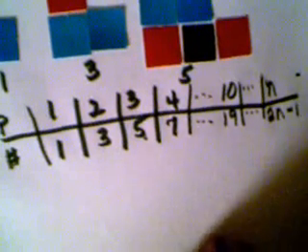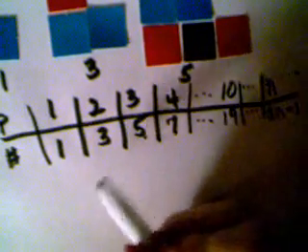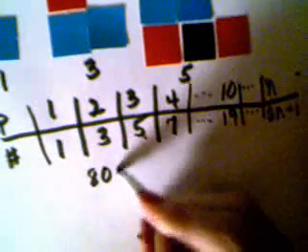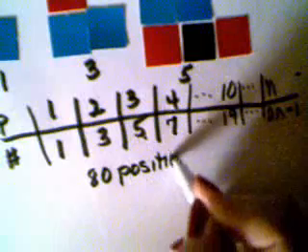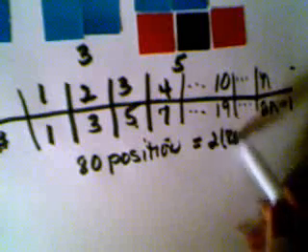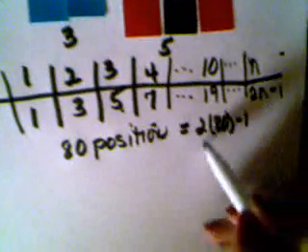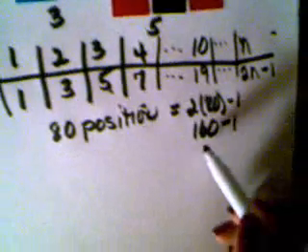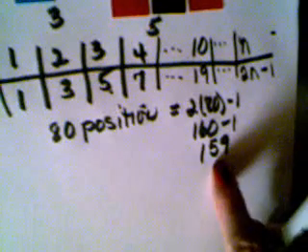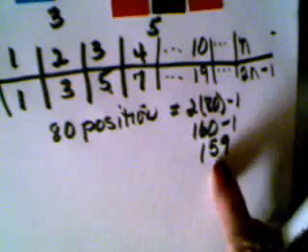So now, if I know that I have the 80th position, the number that falls there would be 2 times 80 minus 1, or 160 minus 1, or 159. So 159 would be the 80th odd number.